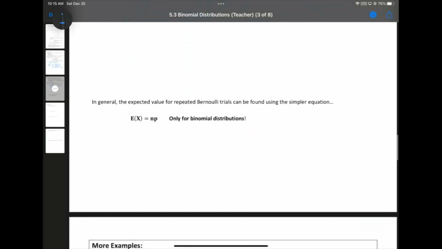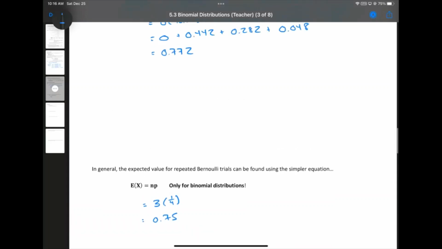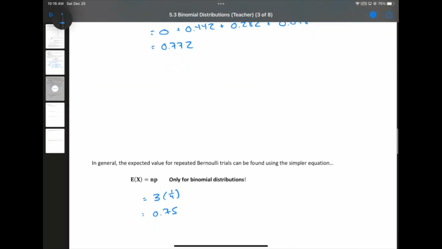And for this example that we just did, n is the number of trials. There were 3 trials. And the probability of succeeding in any given trial was 1 in 4. So that's just 3/4 or 0.75. So we'd expect to get 0.75 questions correct. Now you will notice, of course, that that is a little bit different than 0.772.